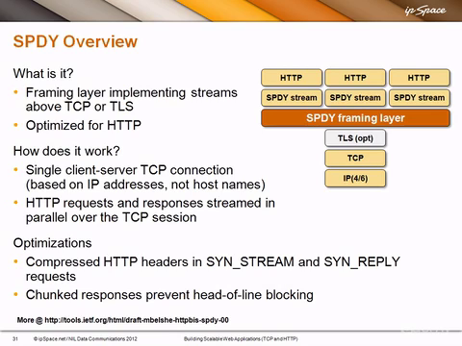However, to fix numerous problems we discussed in the last half an hour, the HTTP requests and responses are streamed in parallel over that TCP session, and you will see how that works. And this is really important from the client side, well, in both directions, HTTP headers are compressed by definition.